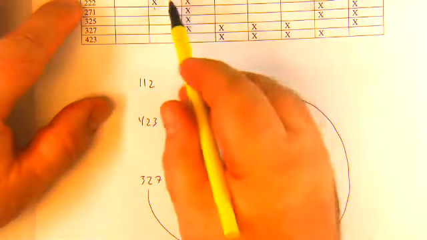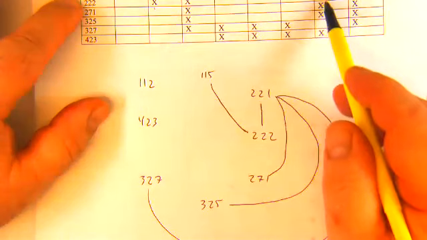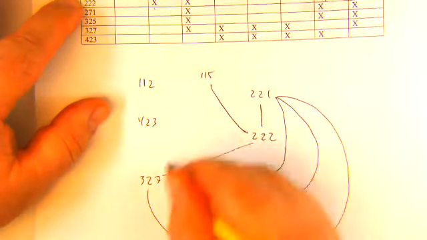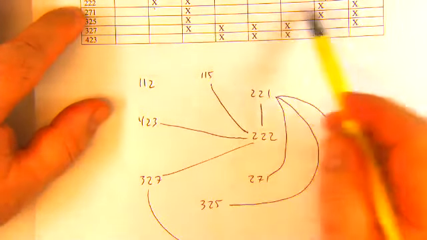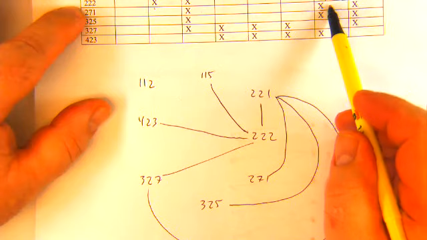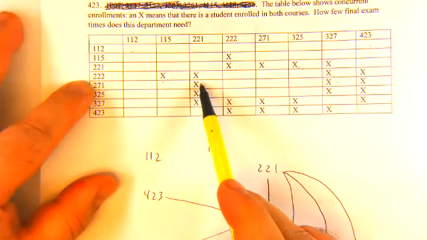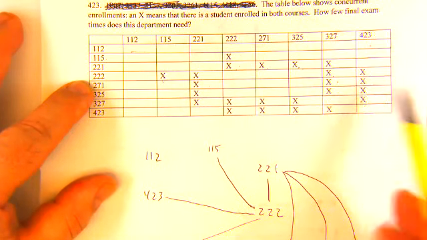222, well, we've already done connections to 115 and 221, so we just have a connection to 327 and 423. 271, we've done the connection to 221, but it should be connected to 327. Oops, sorry. For 271, 221, we've got a connection there, but also to 327 and 423.